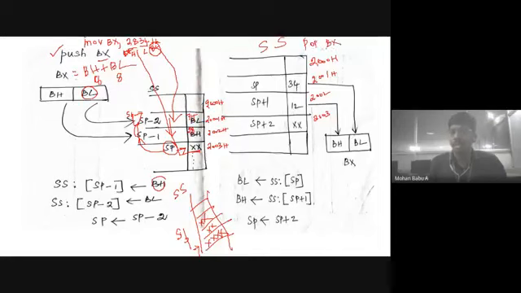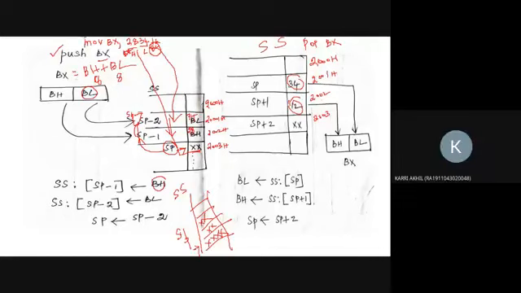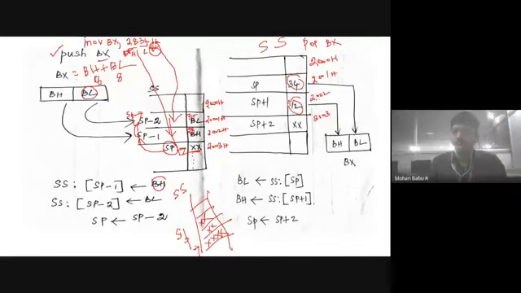POP BX means this will get the data from the stack segment to the register. So 34 is stored in which address location? 2001. 12 is stored in which address location? 2002. Which address is higher, 2001 or 2002? 2002. This contains the higher byte.